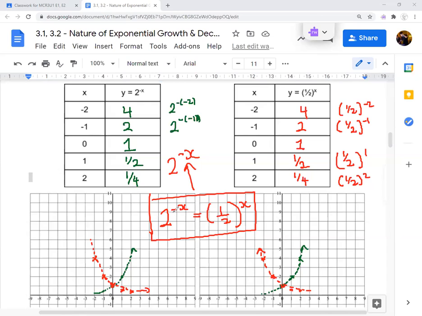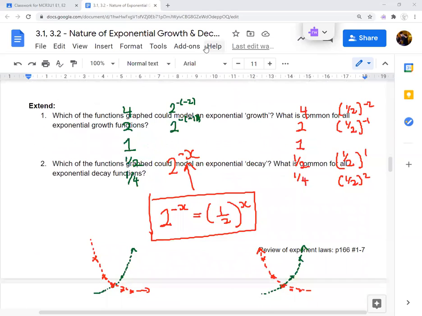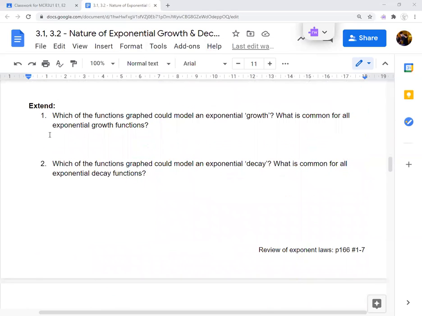Which kind of graph can help model a growing trend, an exponential growth? What will be common for an exponential growth function? It would probably be a positive exponent. What about the base?